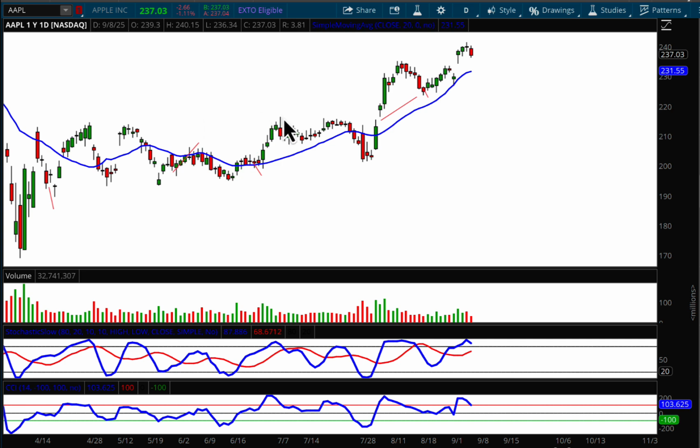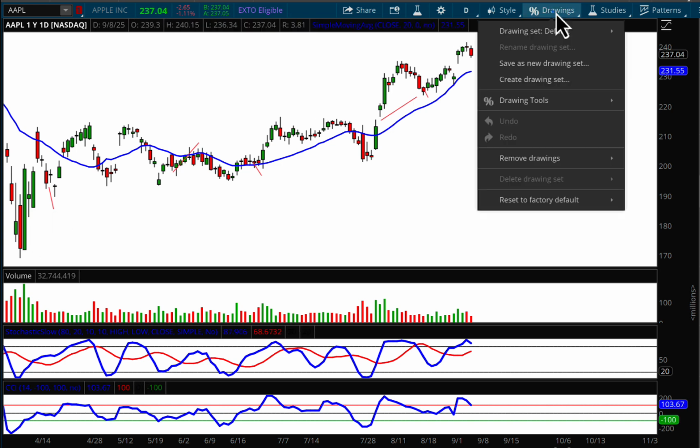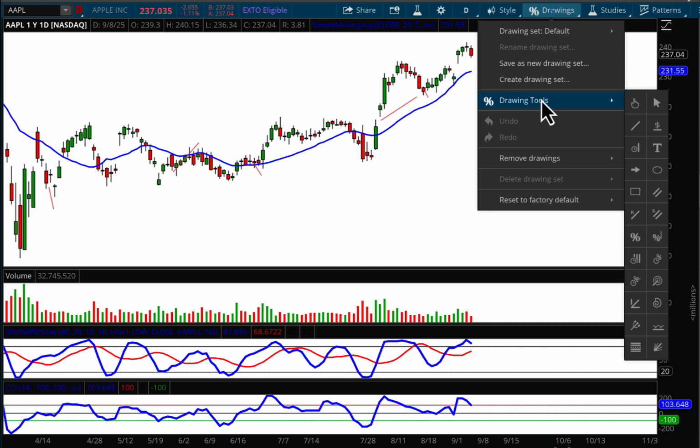So on the Thinkorswim platform, you click on your drawings tab right at the very top, and then go to drawing tools, and you'll see a menu of different tools that you could use to draw in these charts. If you scroll to the right and down, you can see that right here is the percent sign. That's the Fibonacci retracements.